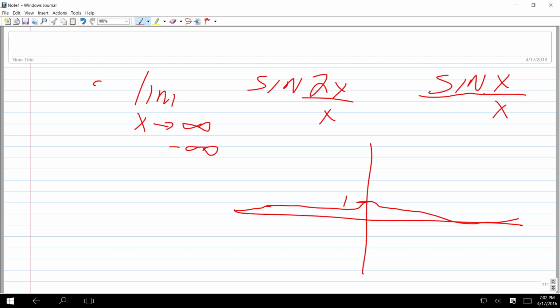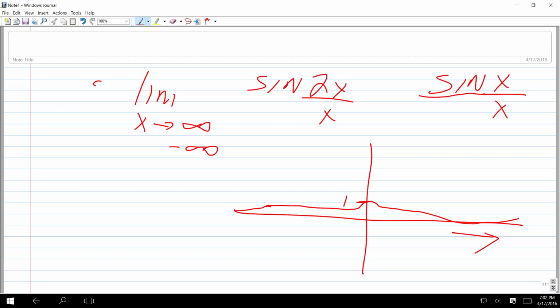And as x goes to infinity, the function appears to go to 0. And as x goes to negative infinity, the function appears to go to 0.